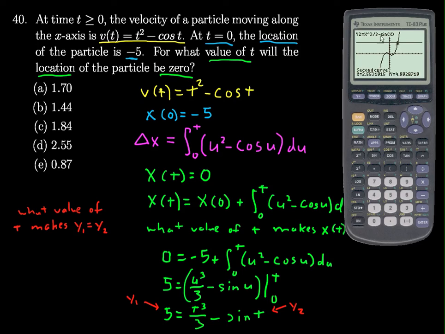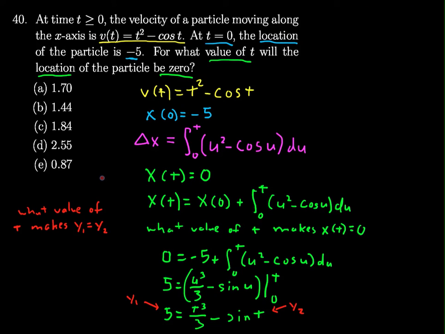I'm on my second curve, x cubed over 3 minus sine of x. And my guess, well, that's really close to where they meet, so let me just put that as my guess. And I get 2.5541609, and I can see now that my answer is 2.55, D.